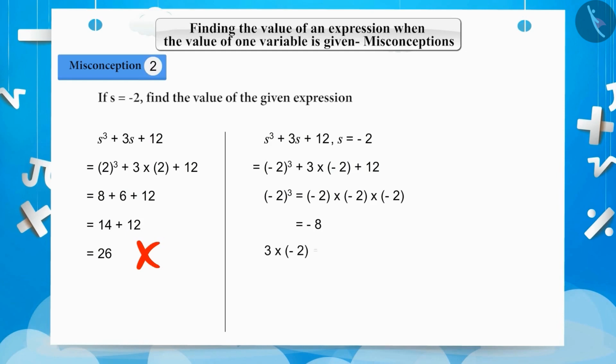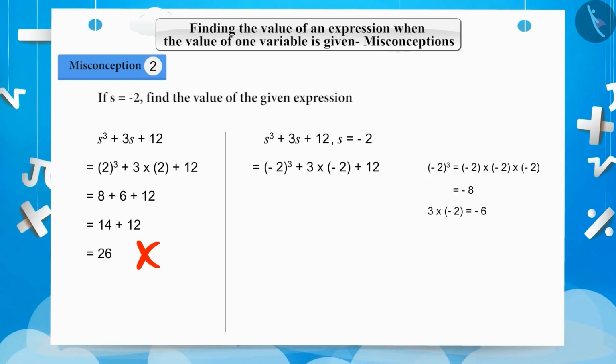And 3 multiplied by minus 2 will be minus 6. Now we will get minus 8 plus minus 6 plus 12 is equal to minus 14 plus 12 is equal to minus 2. So, minus 2 is the correct answer.